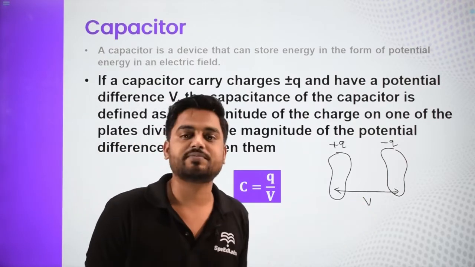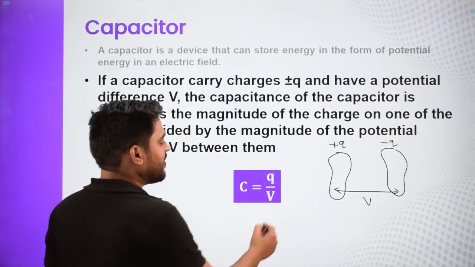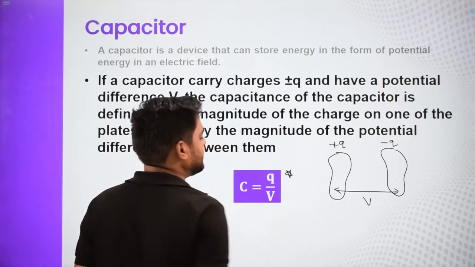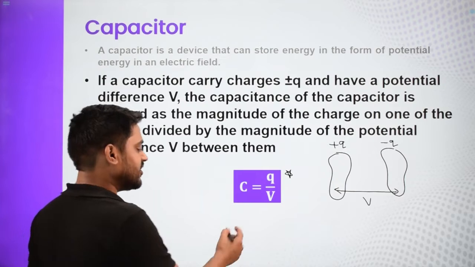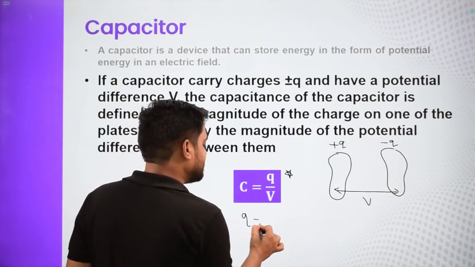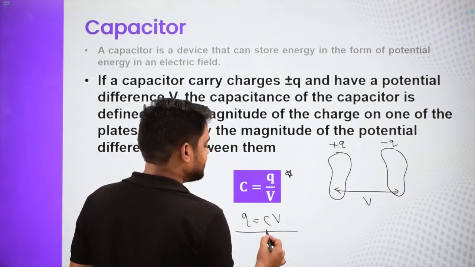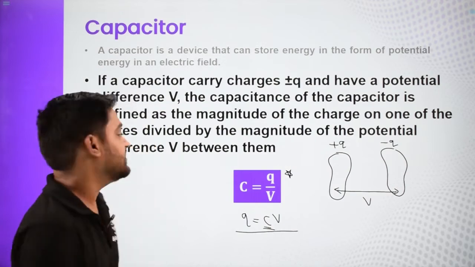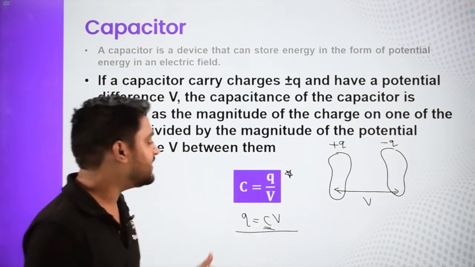So the formula for capacitance is C equals Q by V, or you can also write Q equals CV. Here C is the capacitance or capacity of a capacitor.